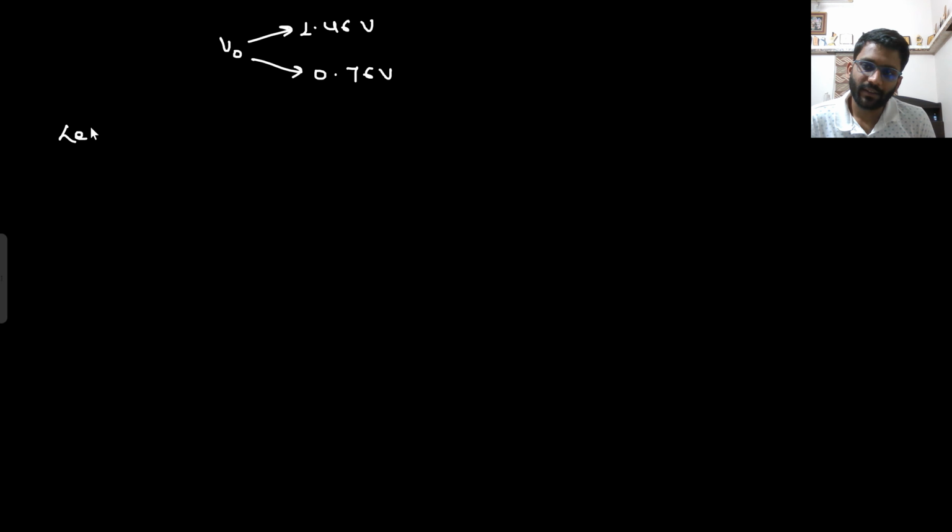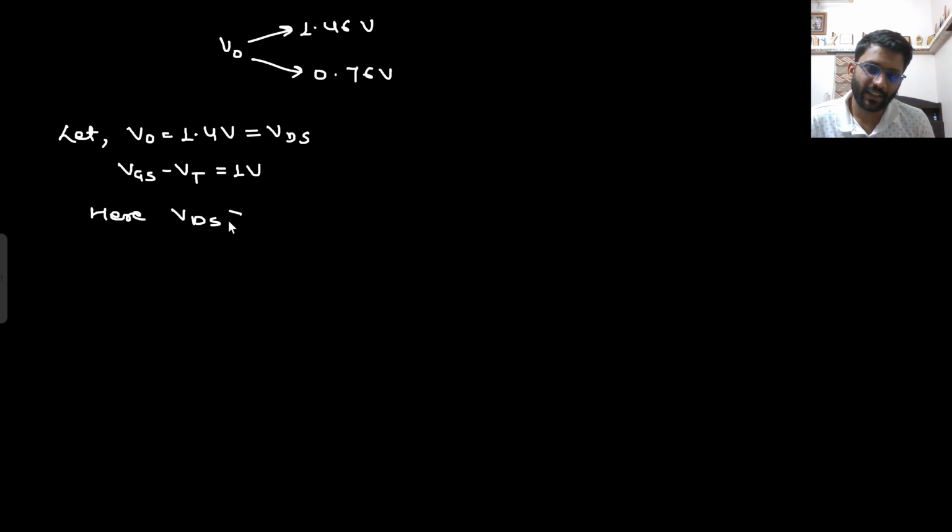Let my V naught be 1.4 volt. If my V naught is 1.4 volt, what is my VGS minus VT? That is 1 volt. And V naught is equal to VDS only in our question. So here VDS is greater than VGS minus VT. That means it should go into saturation.